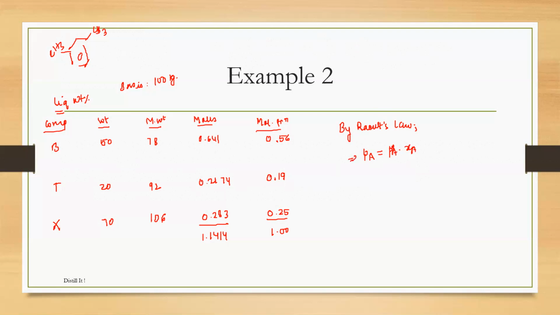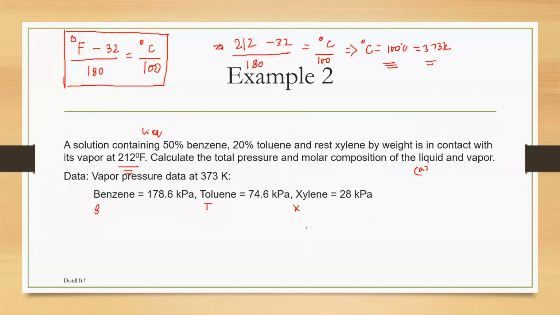So this is the liquid phase mole fractions. Hence, this is going to be X. Hence, the partial pressure of B, partial pressure of T, and partial pressure of xylene, we'll calculate using the mole fractions as well as the vapor pressure data that has been given.